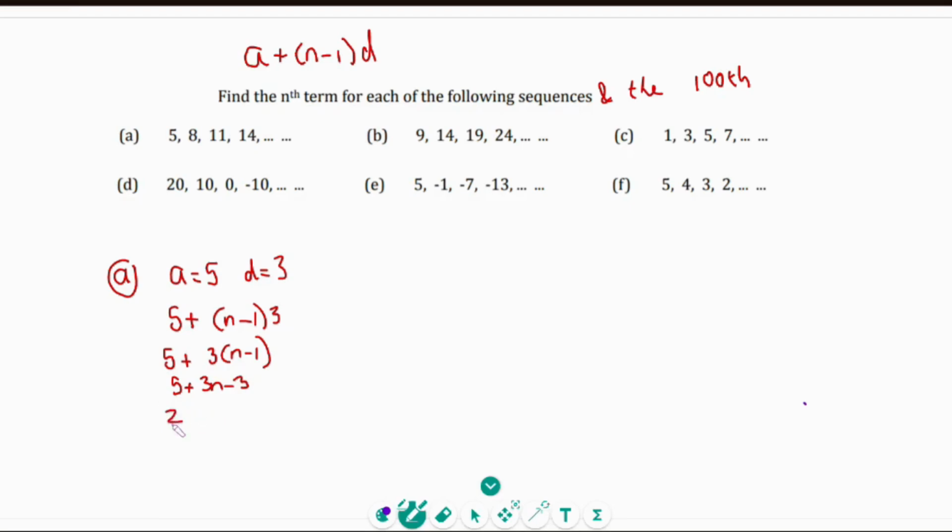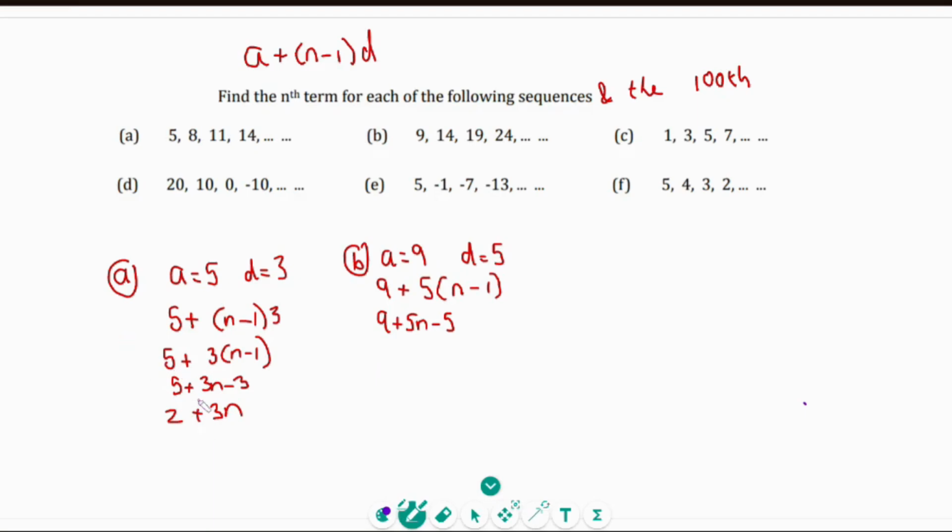5 minus 3 is 2. 2 plus 3n. I'm just going to put the d on this side at the beginning. Oh, I didn't get my 100th term, did I?